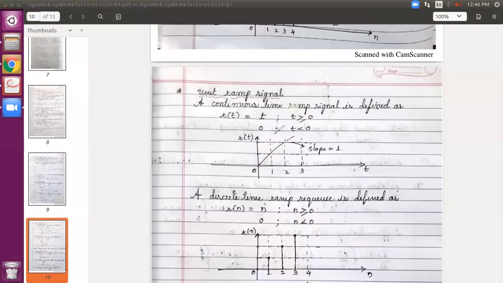There is a reason behind it. Please try to analyze the figure and let me know. At least try. Anybody? You can unmute and answer, no issues.